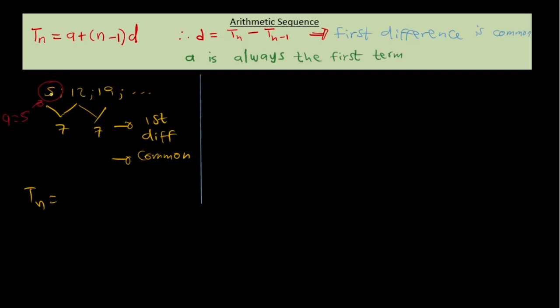It's always the first term. All right, 5 there. What is D? D is the first difference, which is equals to 7. This is my nth term, right?